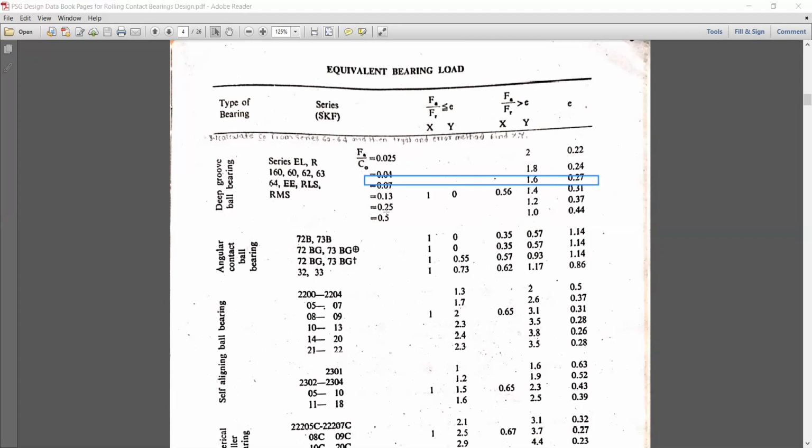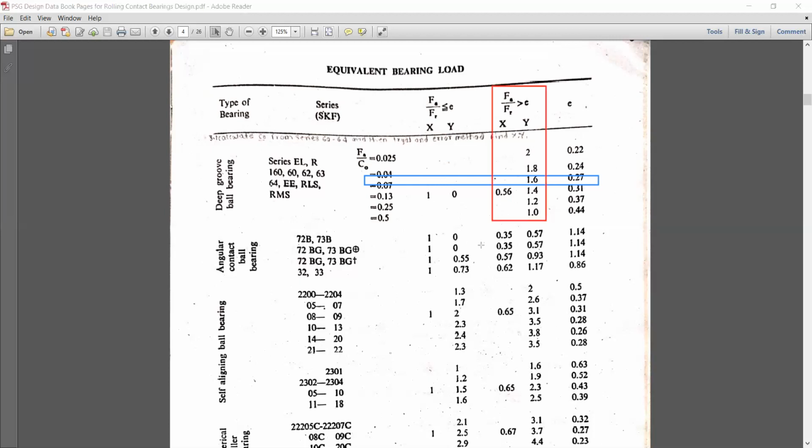We have seen that the value of e is 0.27 when compared with the Fa upon Fr ratio. As the Fa upon Fr ratio is 0.375, the value is greater than e. So we have to select this column.